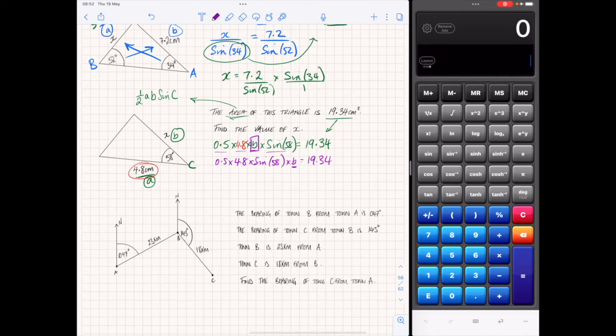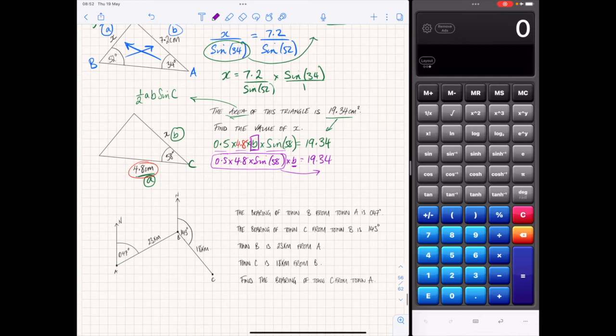So again, I'm trying to isolate this B, which means all of this can move over this side, and because it's all multiplied on the left hand side, when I move it over to the right hand side, it becomes a divide. So to find B, you're saying 19.34 divided by 0.5 times 4.8 times sin 58.